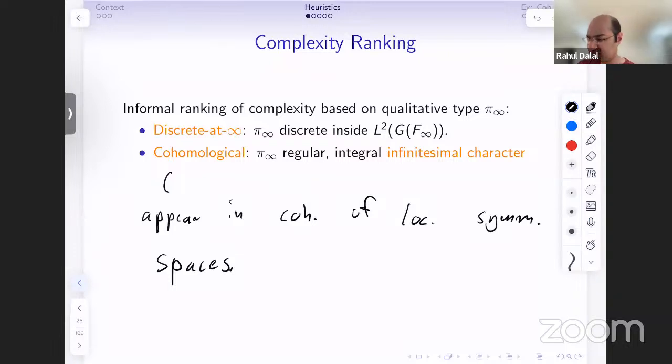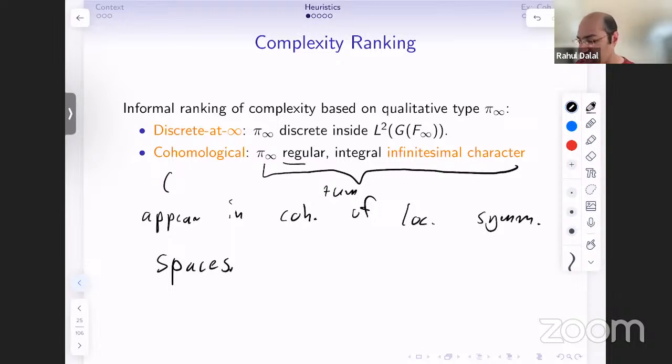And there's a theorem that you can classify them according to a particular invariant of the representation at infinity called its infinitesimal character. If you study the representation theory at infinity, this is maybe the most important invariant that you care about. You can identify these cohomological representations by what value this infinitesimal character takes.